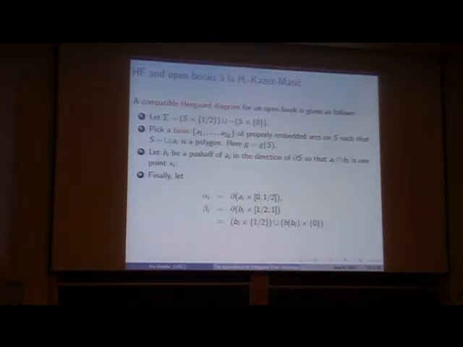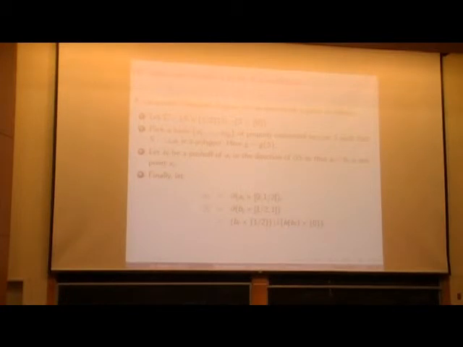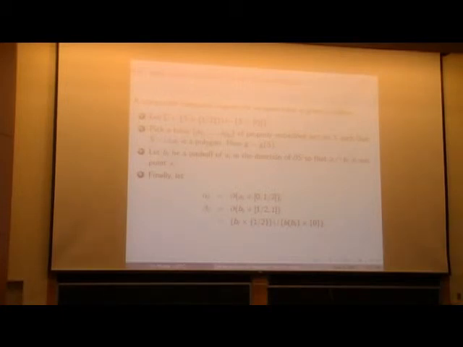Can I actually draw something on the blackboard? The thing is, this surface S really does not have connected boundary, but it's probably easier to draw. Okay. So you pick arcs A1, A2 such that they cut S into just a disk.